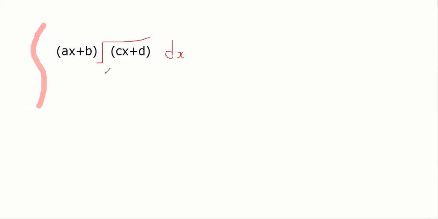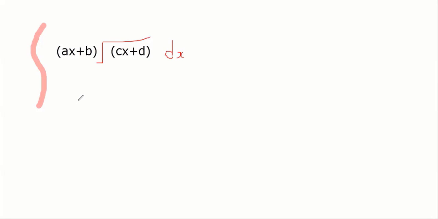Today we are going to do integration of something of this type. Suppose some function is given, and suppose another function is like this. I'll give you an example, but I'll tell you what type we are doing today. This is the type, either this or ax plus b by root of cx plus d.